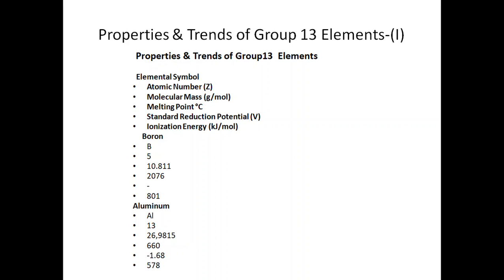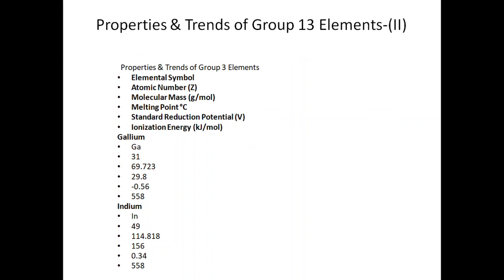ionization energy is 578. It reduces from boron to aluminium, but gallium and indium again have some resemblance in the ionization energy, that is 558 for both of them, but standard reduction potential is very different, that is -0.56 in the case of gallium but 0.34, that is positive, in the case of indium.